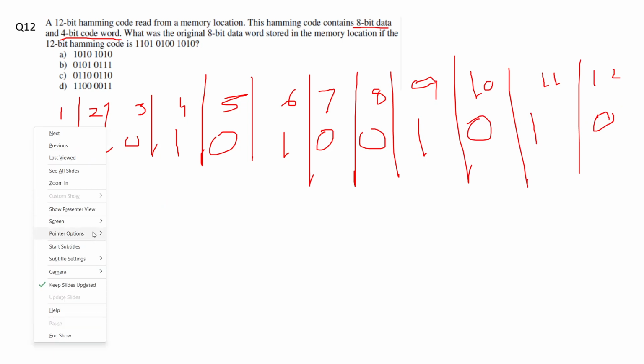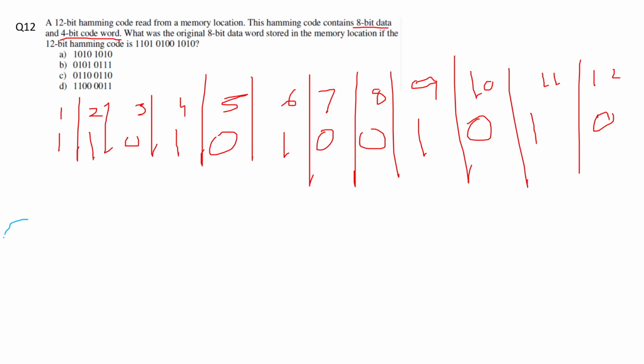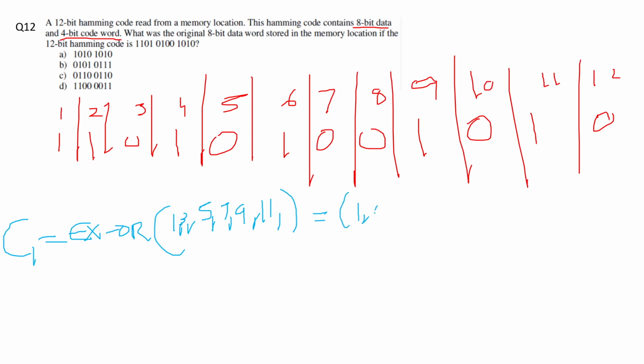Now find the check bits. So C1 will be equal to the XOR of bit positions 1 3 5 7 9 11. So this will be the XOR of 1 1 0 0 0 1 1, so it will be 1.